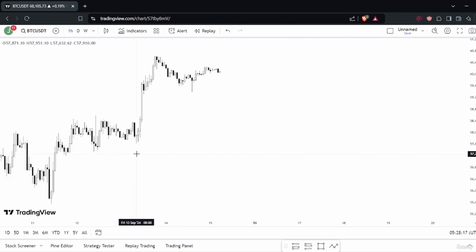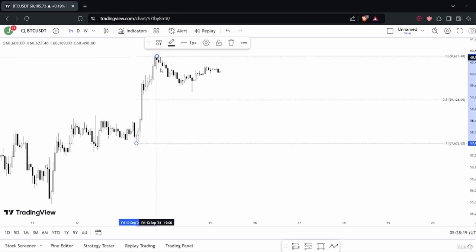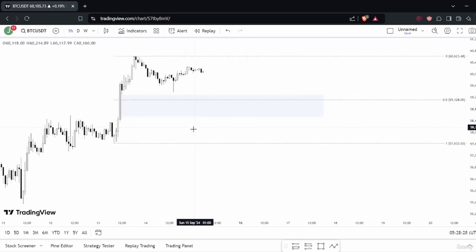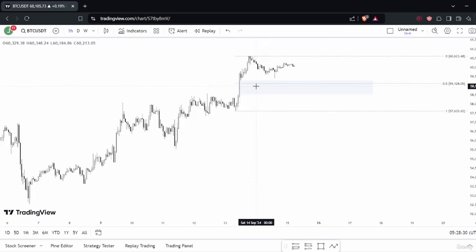For example, take another one. Right here. This, when, if, both words, when and if we get over here, we would want to see this being respected because it's below 0.50%, especially this part of the fair value gap.